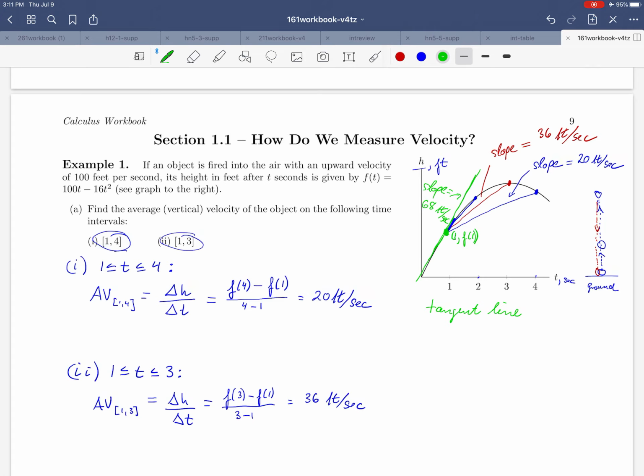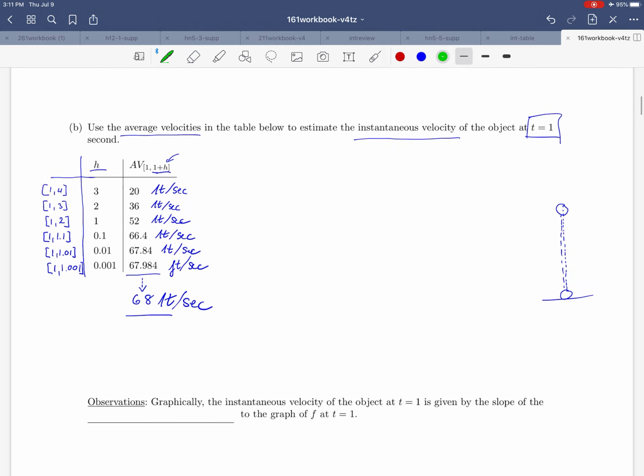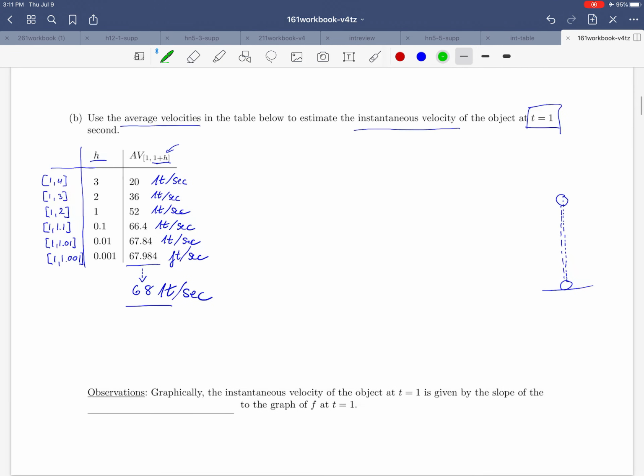So this line is called a tangent line, and its slope represents our instantaneous velocity. I'm going to put that down here at the bottom of the page to complete our notes. Graphically, the instantaneous velocity of the object at t equals 1 is given by the slope of the tangent line to the graph of f at t equals 1.